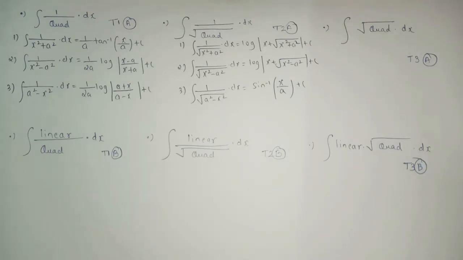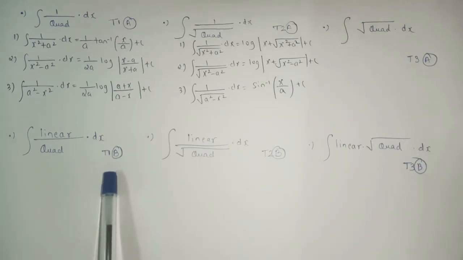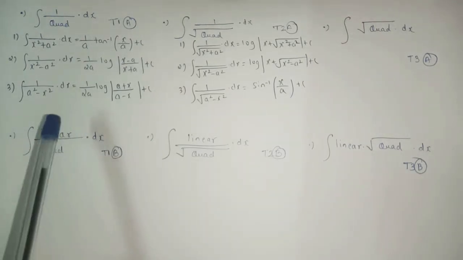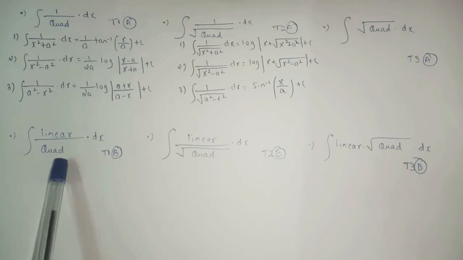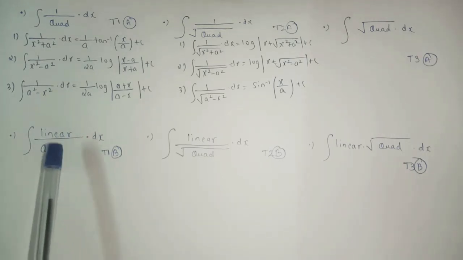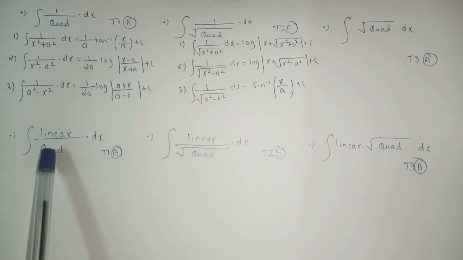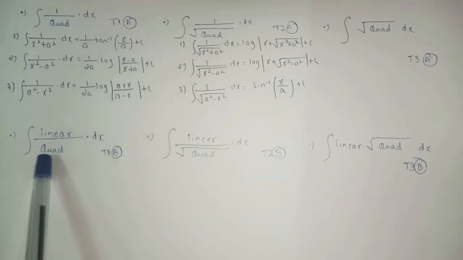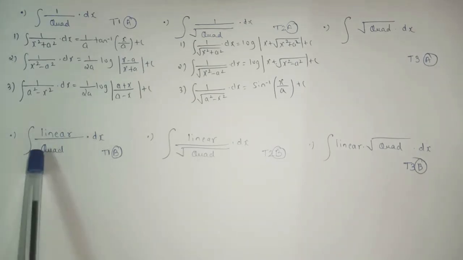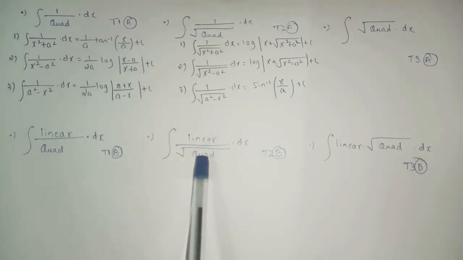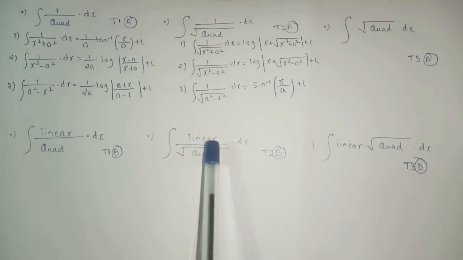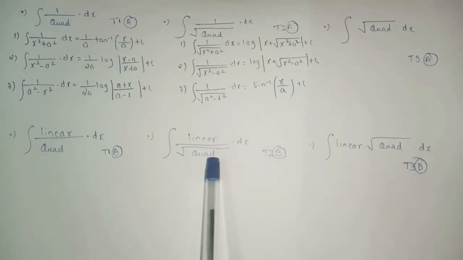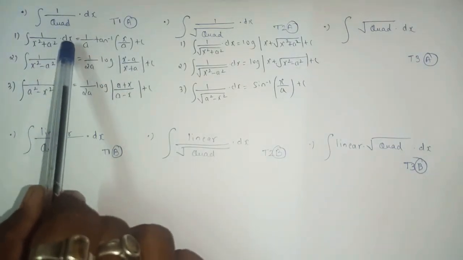Now how to remember type number 1b and type number 2b? It is very simple. Just remember this format as linear upon quadratic. Numerator upon denominator, the numerator will be in the form of linear and the denominator in the form of quadratic. For type number 2b, remember it as linear upon root quadratic. As it was 1 upon quadratic, can you see here?